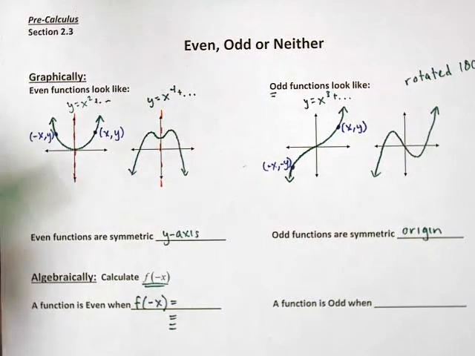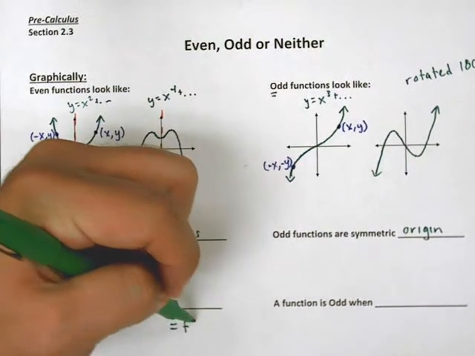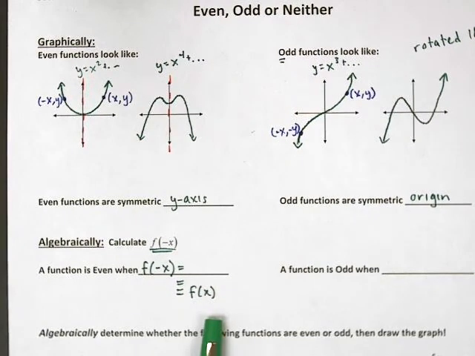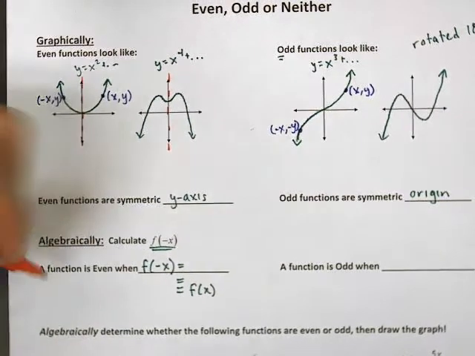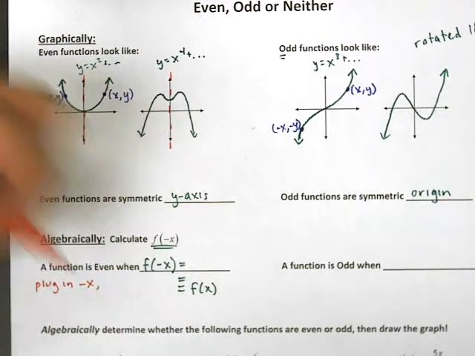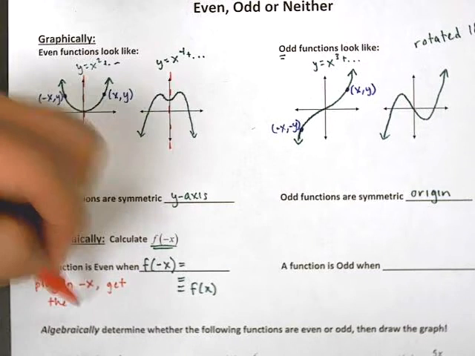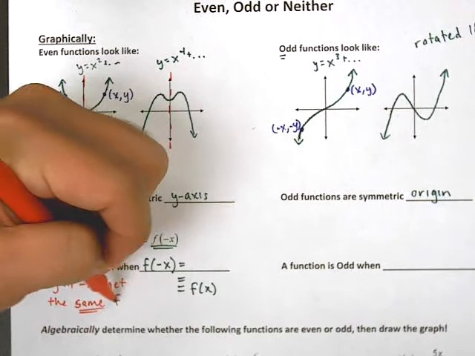Well, I should get the same y value, or in this case, I'll call it f of x. Alright, so when I plug in negative x, I still get out f of x, the same original function. Alright, so let's put that in words. Plug in negative x, get the same function.